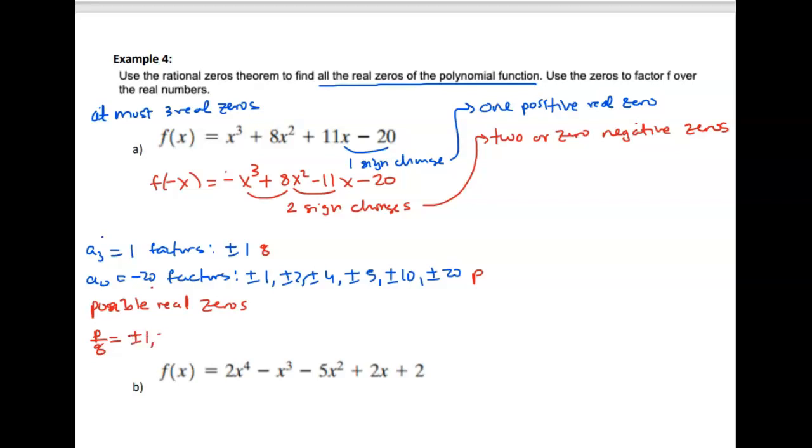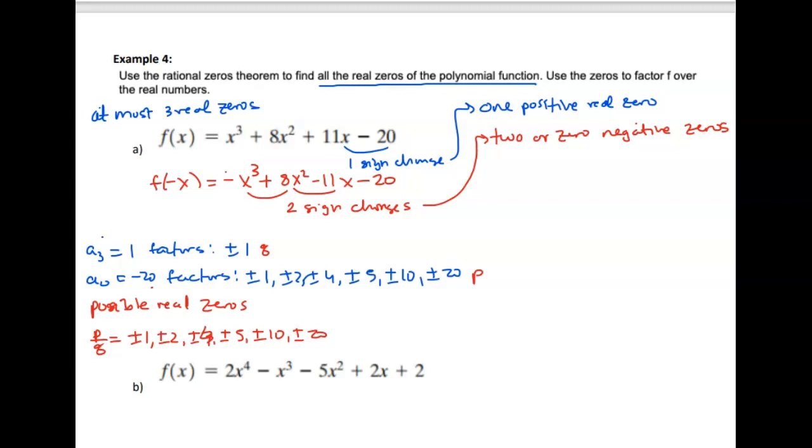So plus or minus 1, 2, 4, 5, 10, and 20. Now that I have this list, and I know there's 1 positive real zero, and 2 or 0 negative real zeros, then I can test these.